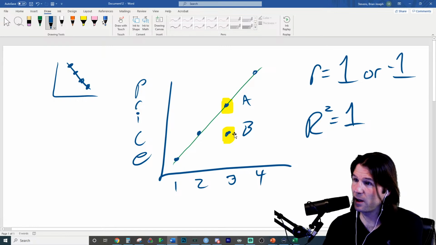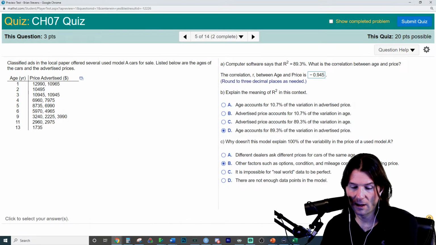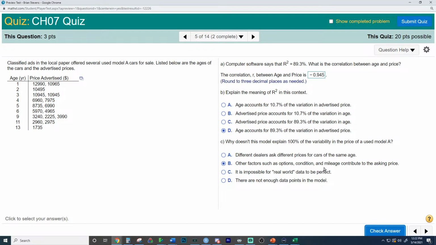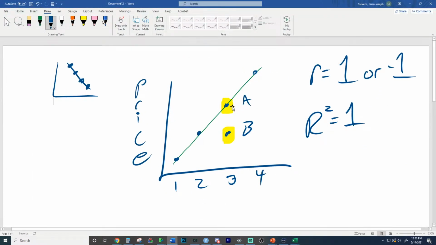Like, theoretically speaking, there cannot be a correlation of 1, which the question says, why doesn't the model explain 100% of the variation? It's kind of more true, in the real world application sense, that there are other things other than the age of a car that explain the price of the car. They're kind of going for this, but this is a theoretically true answer when it comes to the mathematics: if 2 cars have different prices but the same age, a line can't go through it.